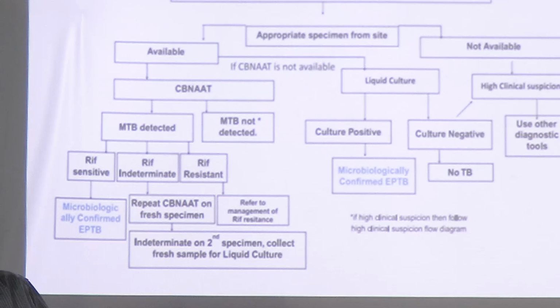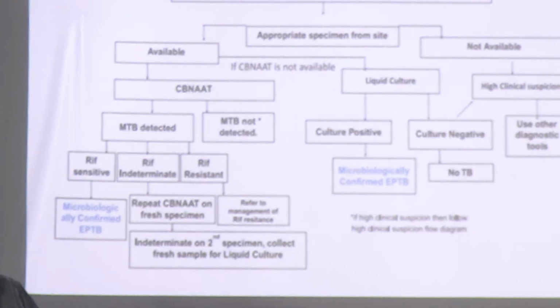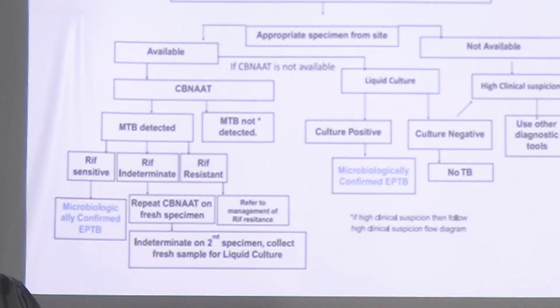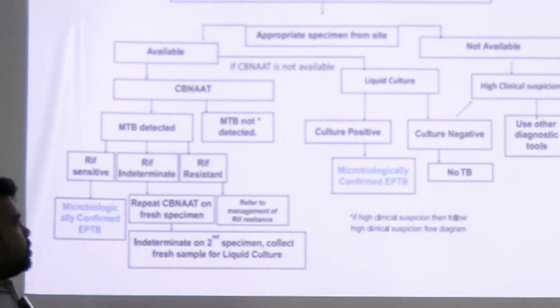For example, if I am suspecting a patient has tuberculous meningitis, I take out the CSF sample and send it for CBNAAT testing. If it comes positive, then fine, my diagnosis is microbiologically confirmed. But if it gives a negative result, it does not rule out tuberculosis. Have you understood this? Yes or no? Okay.